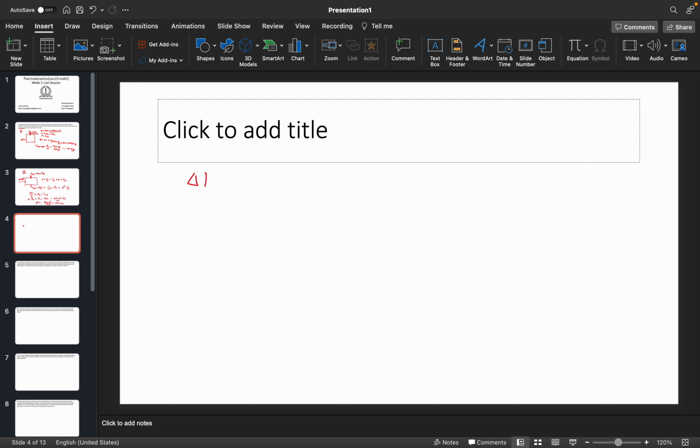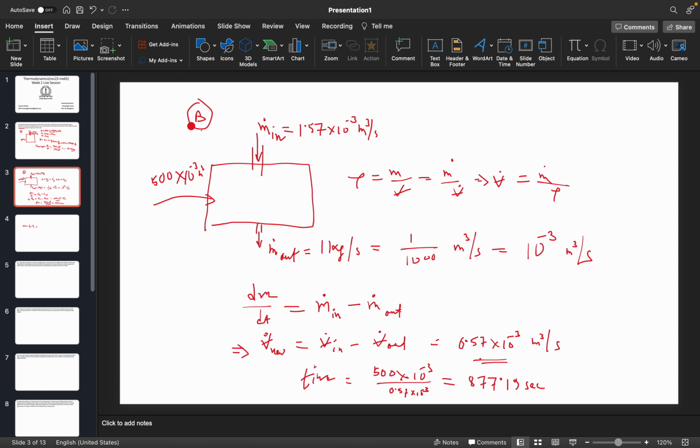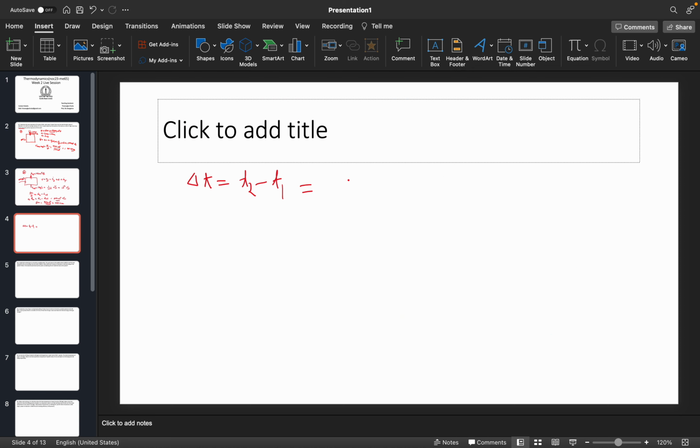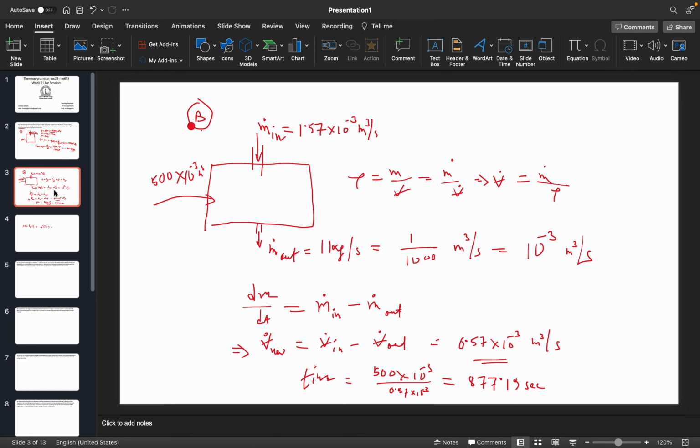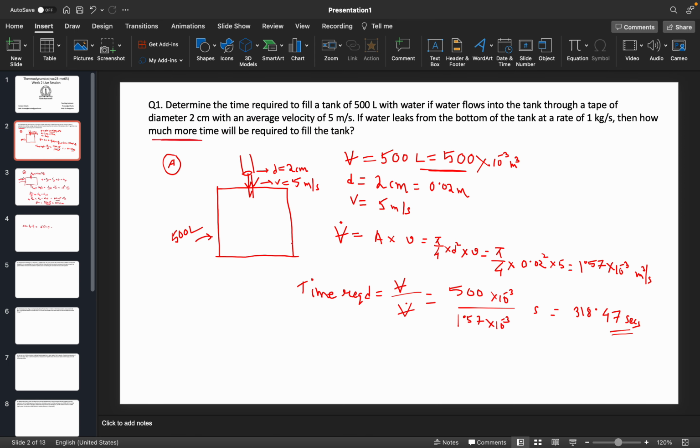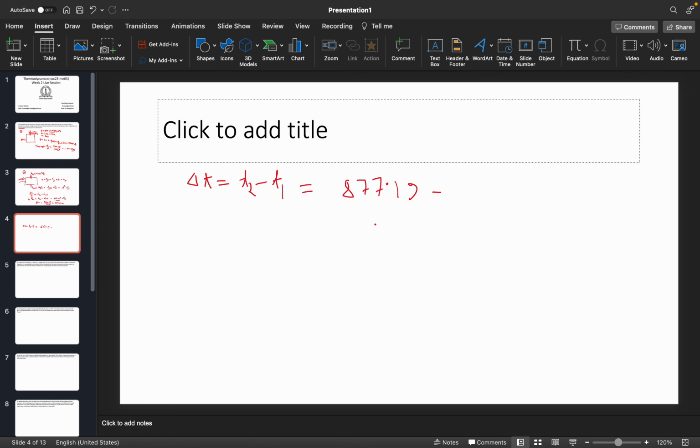Delta t is equal to t2 minus t1. What was my t2? 877.19. And what was my t1? My initial t1 was 318.47.